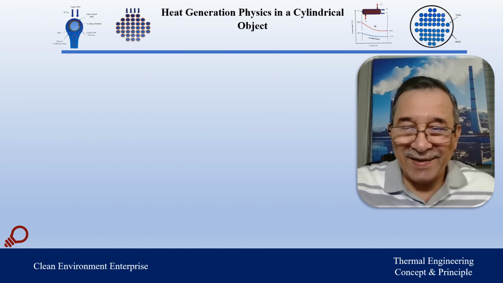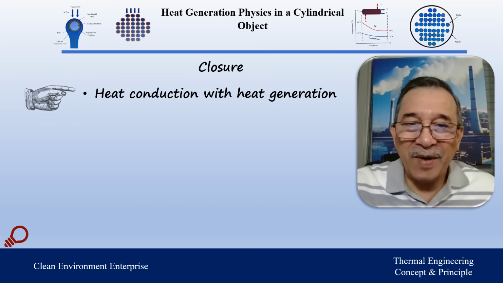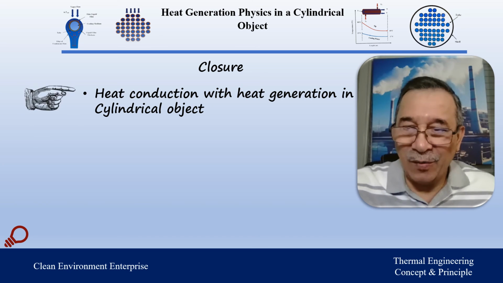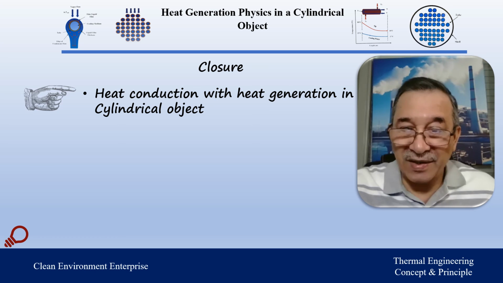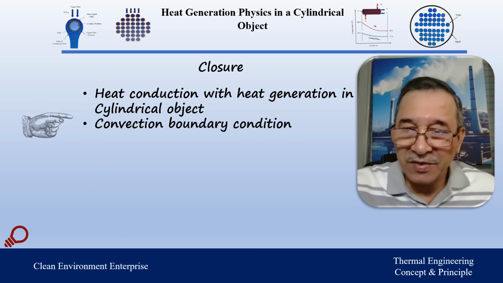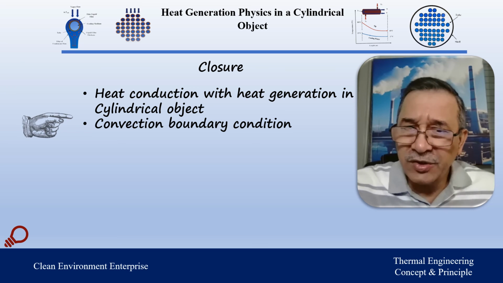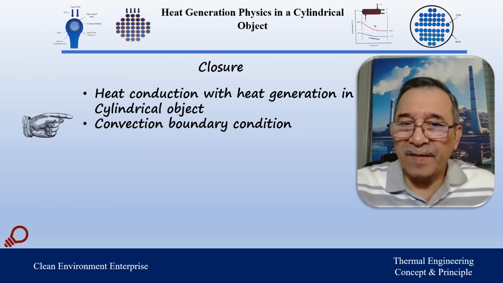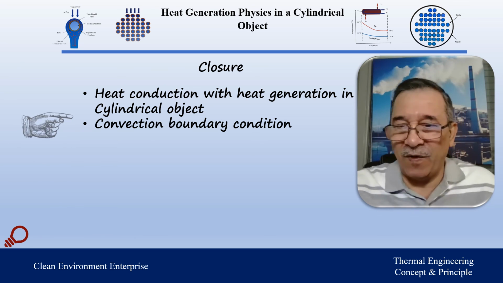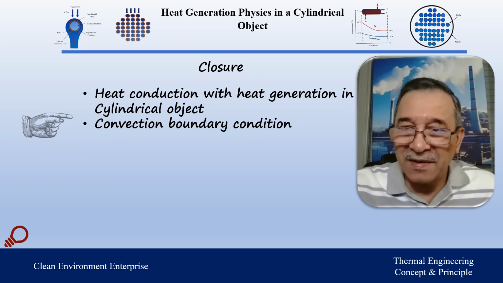And this part, which represents the closure, we passed through the heat conduction, where there is a heat generation in the cylindrical object under steady state conditions. We have introduced the convection boundary conditions, which is the practical application for these heating elements.